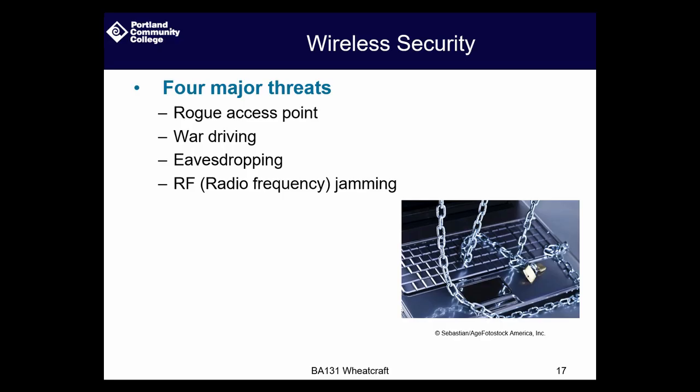Now, we can't finish up this chapter without talking about security and the dangers. As we've talked about in class and have mentioned before, these dangers with wireless communications, we have four major threats. One is that you can have a rogue access point. And what this is, it could be a van, a car.